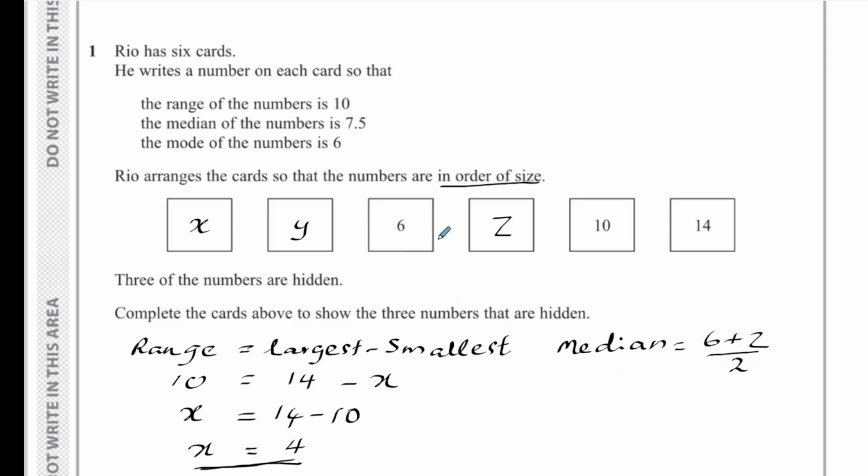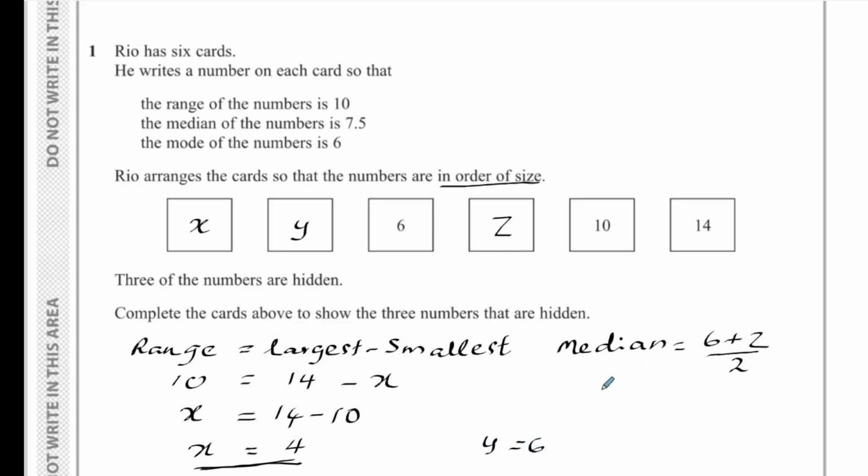So if Z is 6, 6 plus 6 is 12. When the 12 is divided by 2, it becomes 6. Right? So the median is not 6, it is 7.5. Then it is obvious that Z is not 6. Y has to be 6. Therefore, we confirm Y as 6.